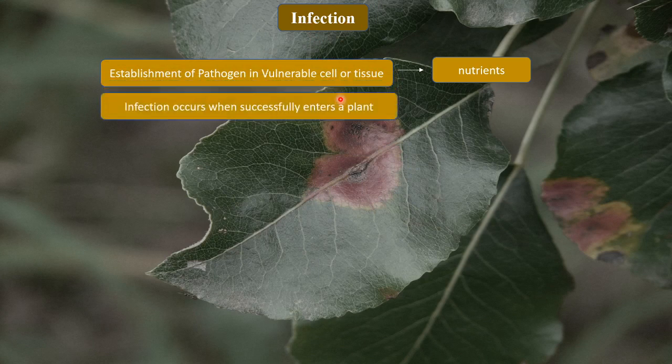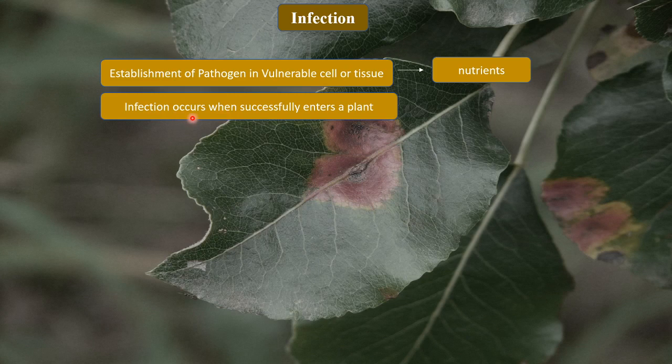So infection occurs when the pathogen successfully enters a host plant. So when can it be said that infection has occurred? When a pathogen has penetrated, successfully entered a host plant, then we can say that infection has occurred.